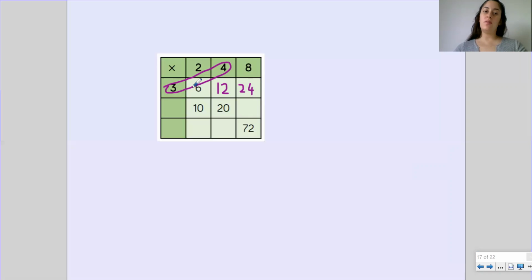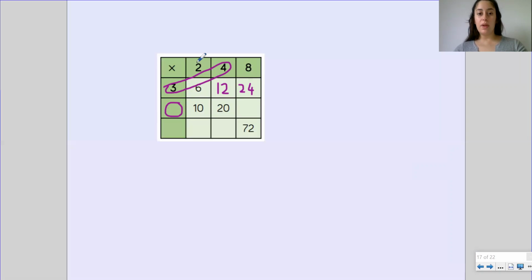Okay, so we've completed the first row now. We would have another number here to then multiply by 2, and then multiply by 4, and then multiply by 8. But we don't have that number, so we need to figure out what that number would be. We've already got 2 of the answers here, so that would give us a clue.